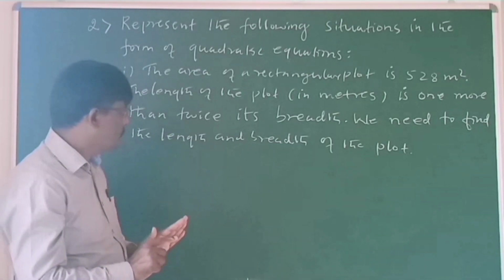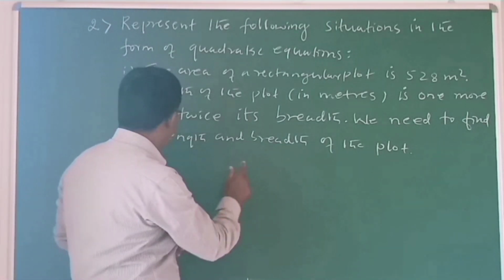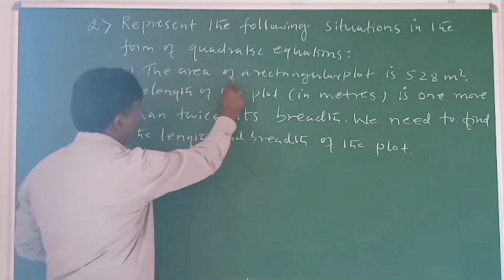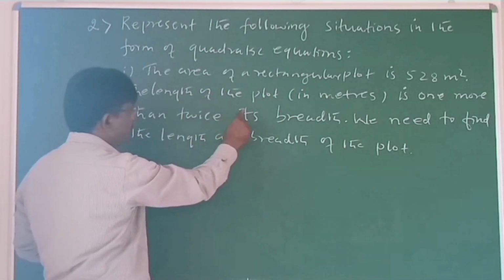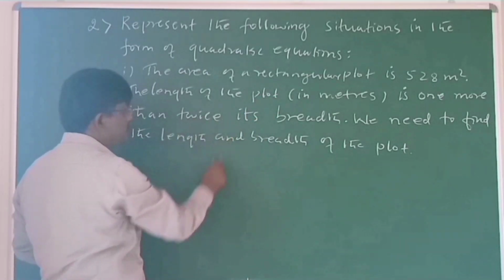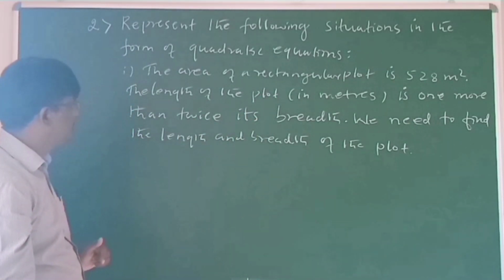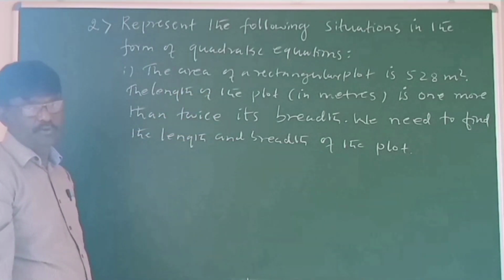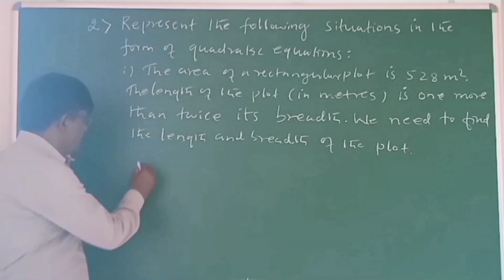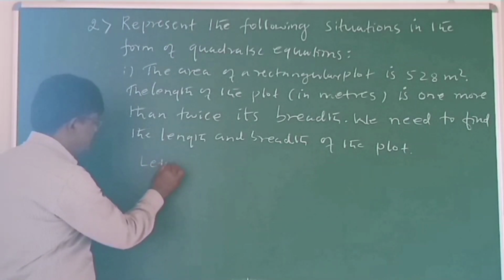Okay. Now the question is this: what? The area of rectangular plot is 528 meters square. The length of the plot is 1 more than twice its breadth. Here, length is compared with the breadth. Okay, children. Hence, let us assume length.